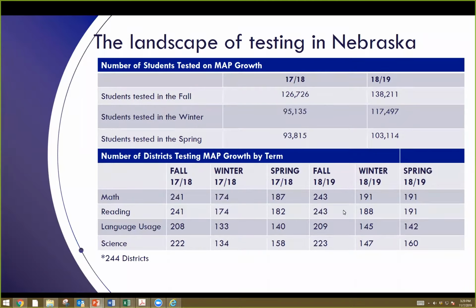So this gives us a general idea of how much MAP Growth testing is being done in the state. We know that the majority of students in grades 3 through 8 are testing in the fall, and those numbers decline. We know that the number of districts testing also declines over the course of the year. So this gives us a little bit of context as we move forward.